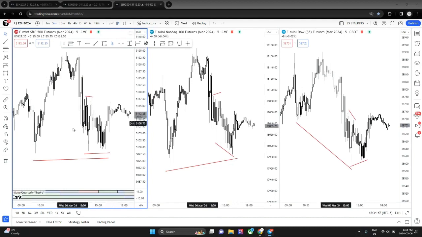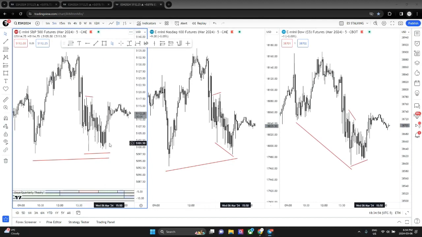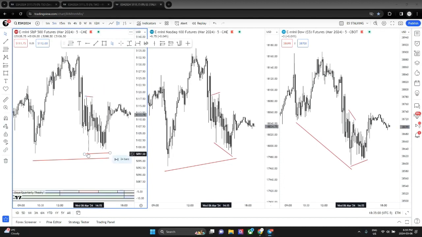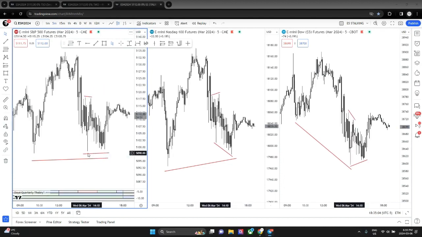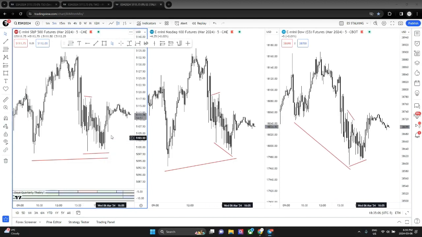So this is another way of price creating low probability conditions, right? First of all, we had sequential SMT here. We had sequential SMT here as well. But the price closed higher. It rallied. Why did it rally? The sequential SMT is right here.